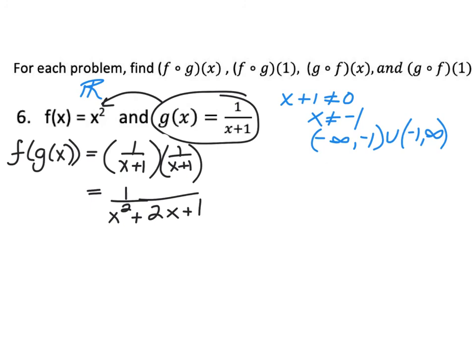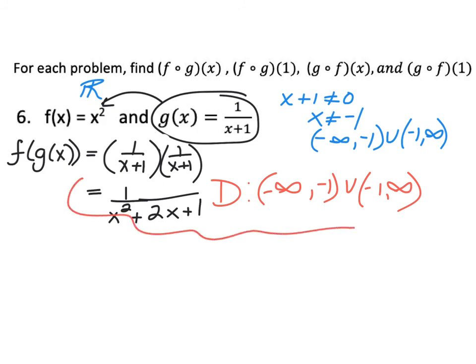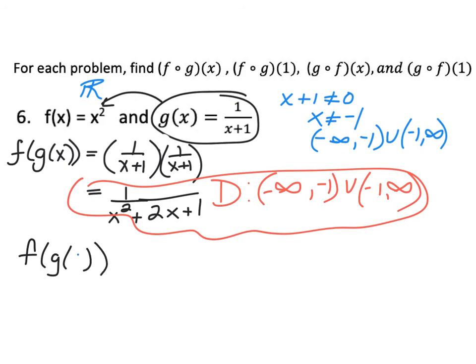So my domain here is still negative infinity to negative 1 union negative 1 to infinity for my composed function. All right, so here we go, and let's do f of g of 1. So if I put 1 into everywhere there's an x, that gives me 1 squared is 1 plus 2 plus 1 on the bottom, which is 1/4.